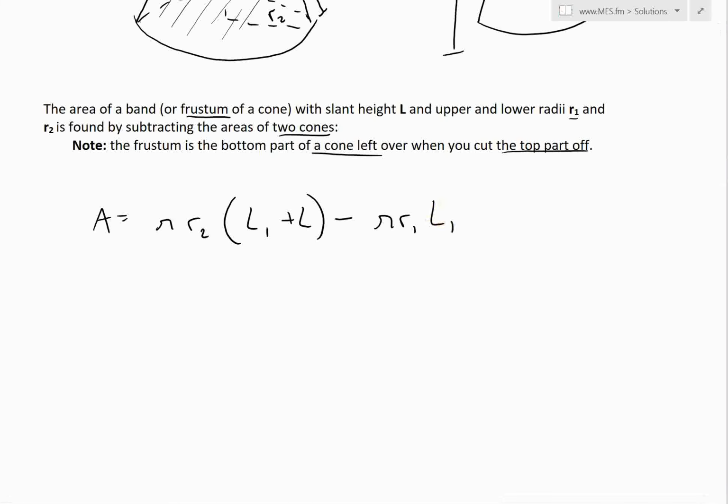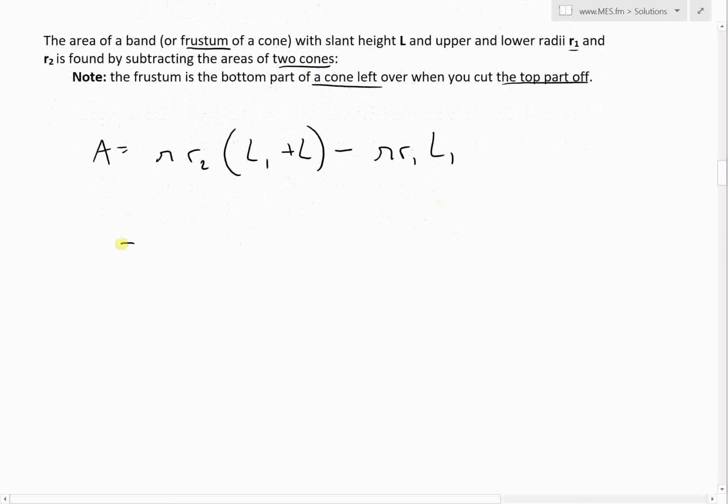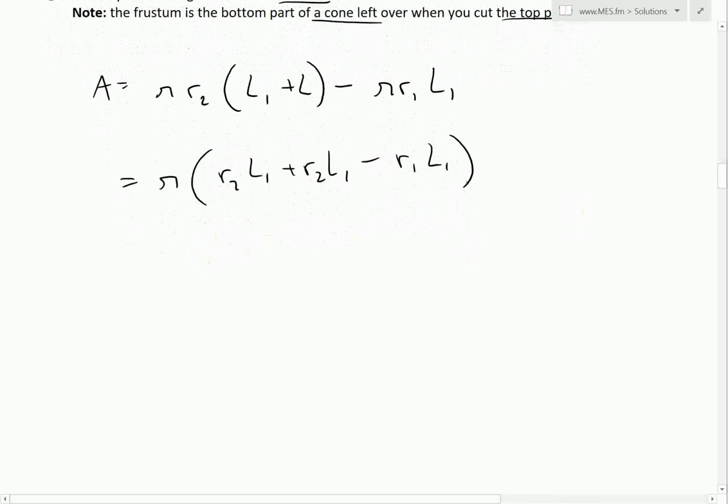So now we get pi R1, the small one, times L1. And now when we simplify further, take the pi out, and then multiply this inside, we get R2 L1 plus R2 L, minus R1 L1.